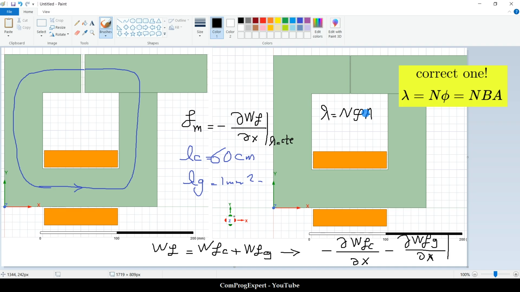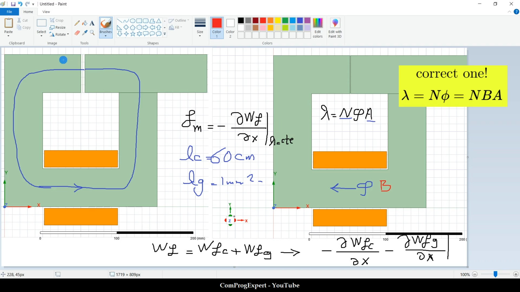So when the flux linkage is constant, because the number of turns and the area are constant for both situations, the value of the flux must be constant, the flux for these two cases when we change the air gap. And consequently, the flux density B in the core is constant.